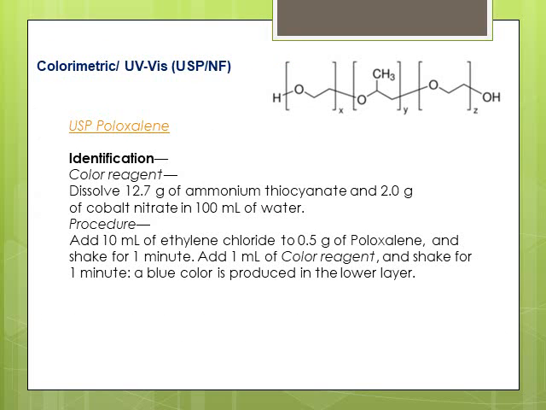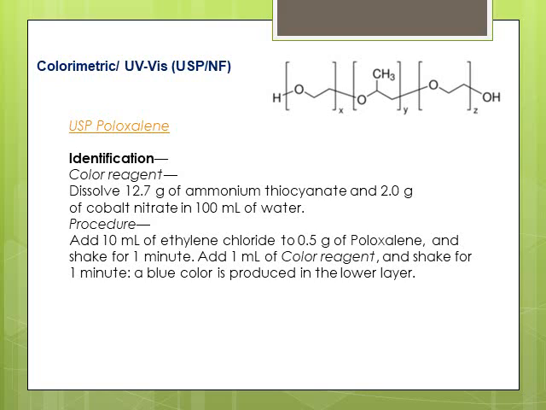The third technique is a colorimetric method, which is the USP method for assay determination of poloxamer. Now, it is a molecule that has a polyether chain in it, and it has a similar structure to PEG.